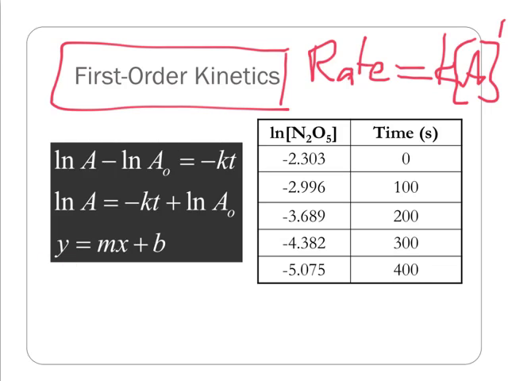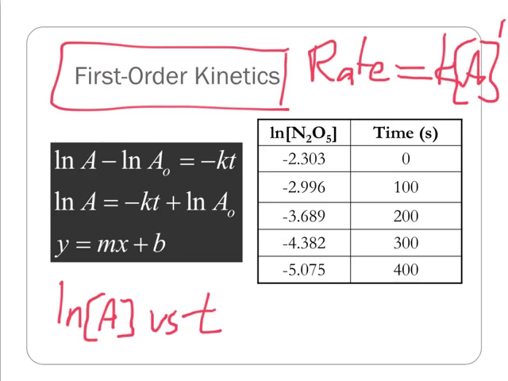So in other words, if I were to graph the natural log of the concentration of A versus time, I'm going to get a straight line because my natural log of A is my y value, my time is my x value, and then the slope is going to be negative k, and the y-intercept is going to be the natural log of A0.